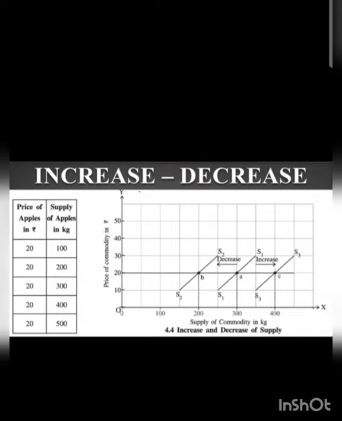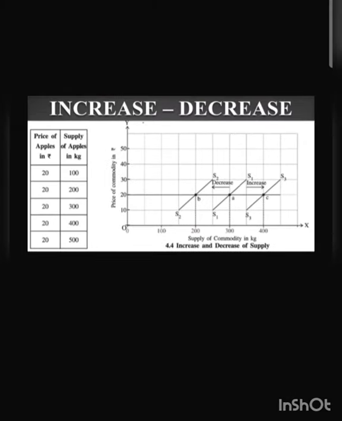If we go with the table, you can see that the price of the apple in rupees is given, and the supply of the apple in kgs is given. The price is 20, at that time the supply is 100, the price is 20, supply increasing to 200.